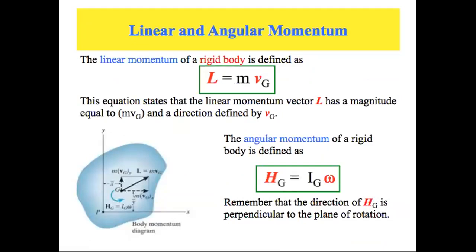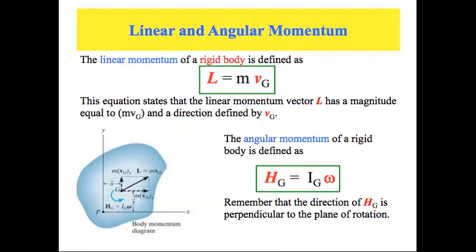Now we have to apply the linear and angular momentum to a rigid body. The linear momentum of a rigid body is defined by mass times the velocity at the center of mass. This equation states that the linear momentum vector L has a magnitude equal to the mass times the velocity at the center of mass, and the direction defined by Vg.